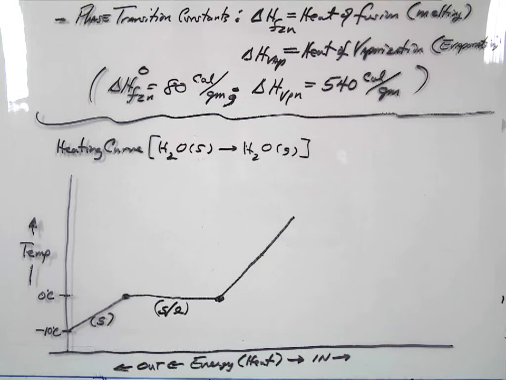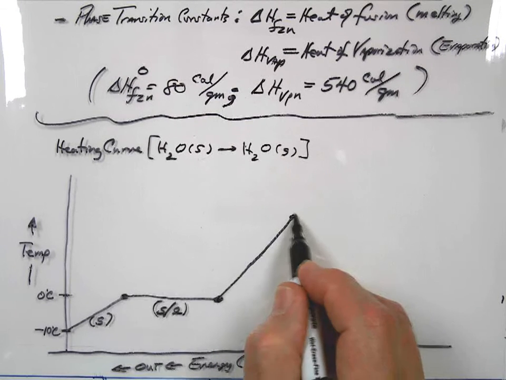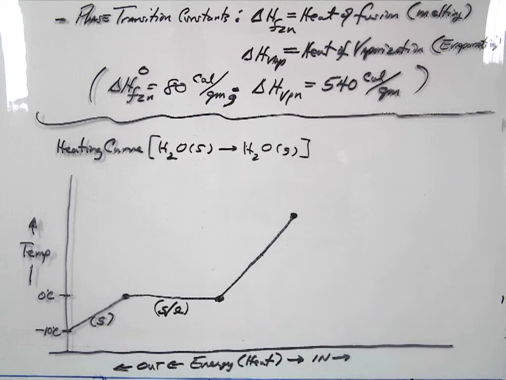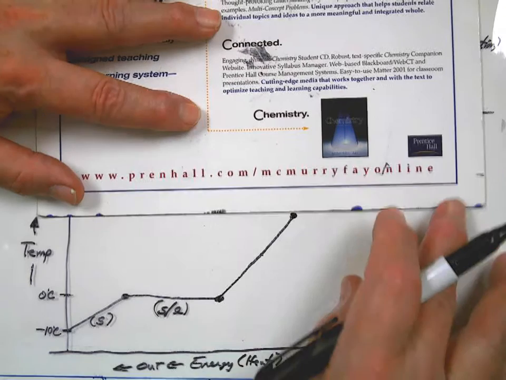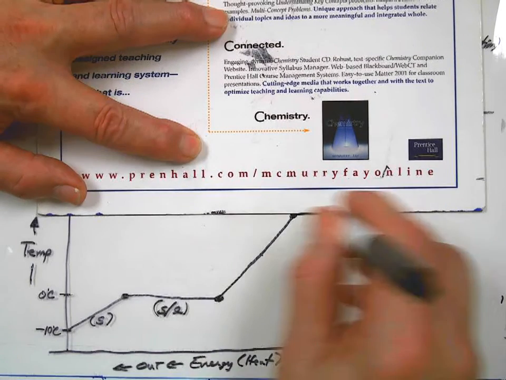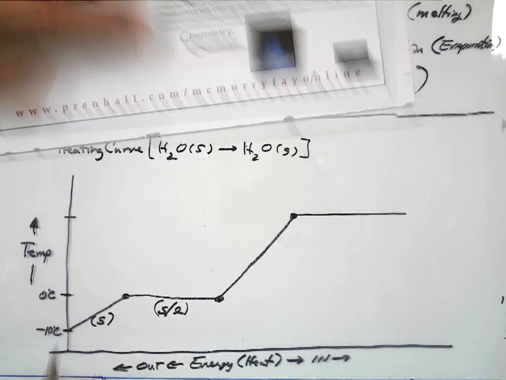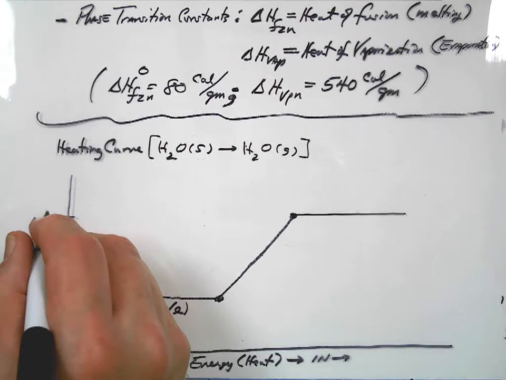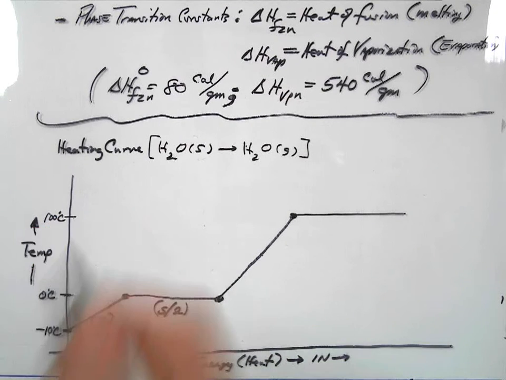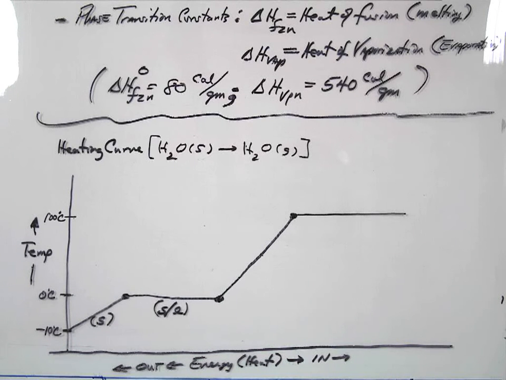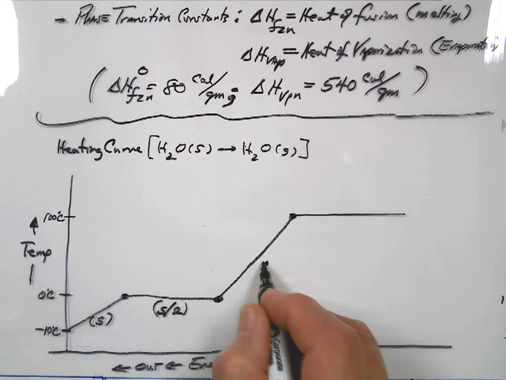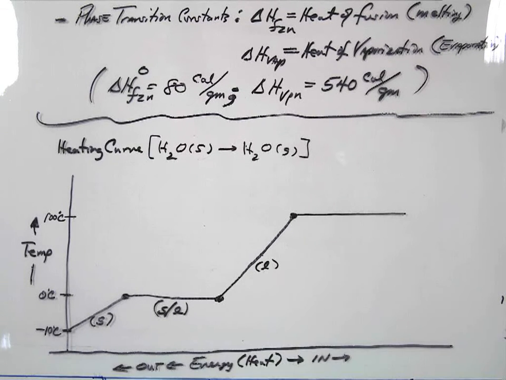To boil it, you have to raise the temperature to boiling point. Of course, that's 100 degrees C right there. And this is our liquid being raised to the boiling point.